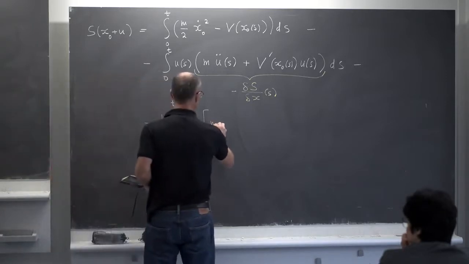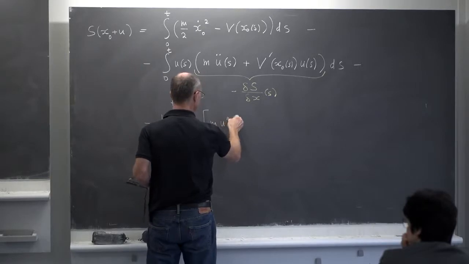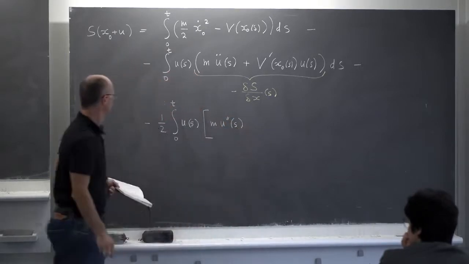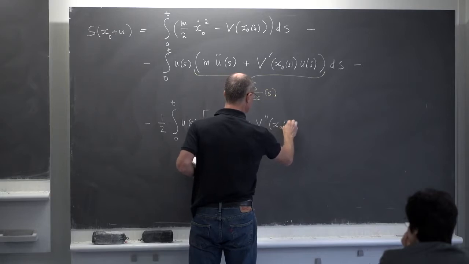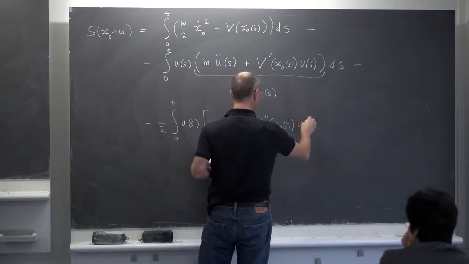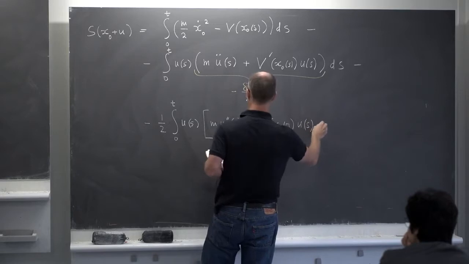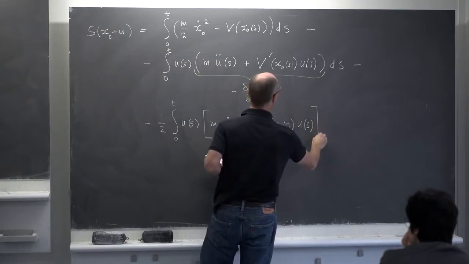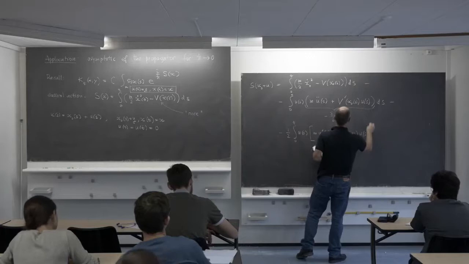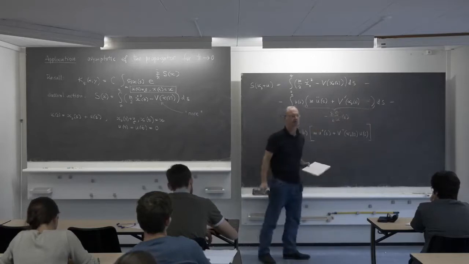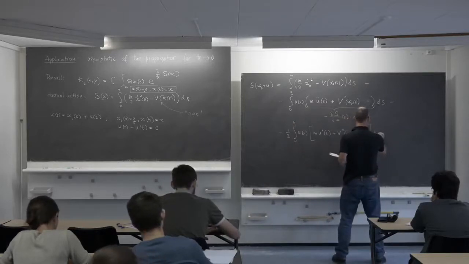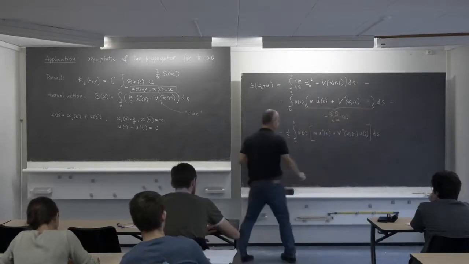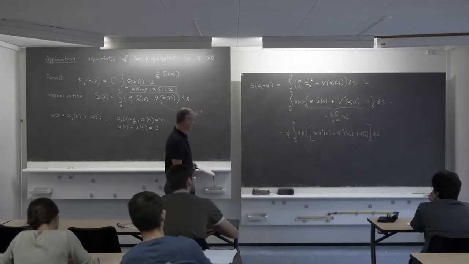So this is m u double prime of s plus v double prime of x naught of s, u of s. Sorry. No, this guy, right? Yeah, maybe you should watch my hands, right? I hope that's the correct next term.